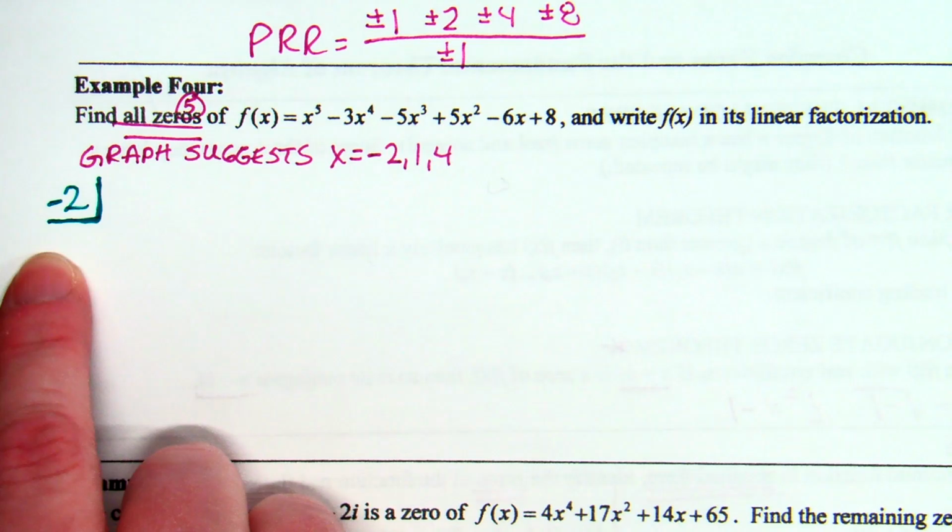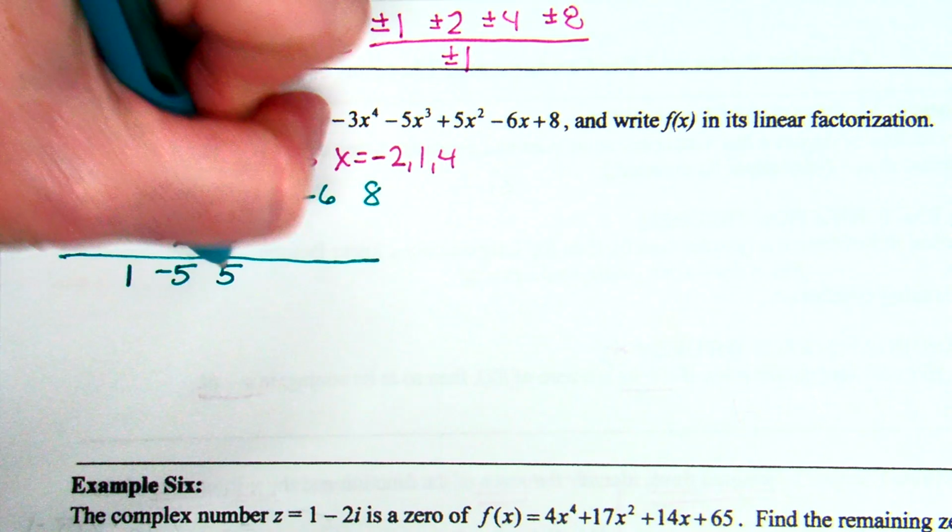Drop the 1. -2 times 1, -2. -3 plus -2, -5. -2 times -5, 10. -5 plus 10, 5. -2 times 5, -10. 5 plus -10, -5. -2 times -5, 10. -6 plus 10, 4. -2 times 4, -8.